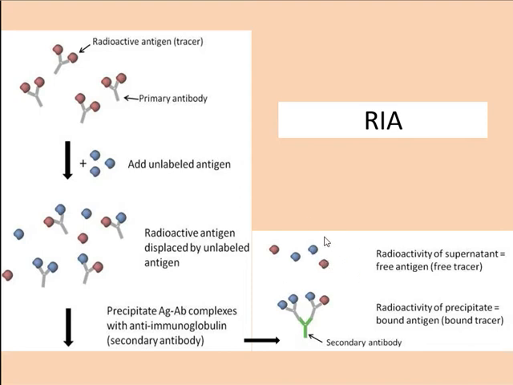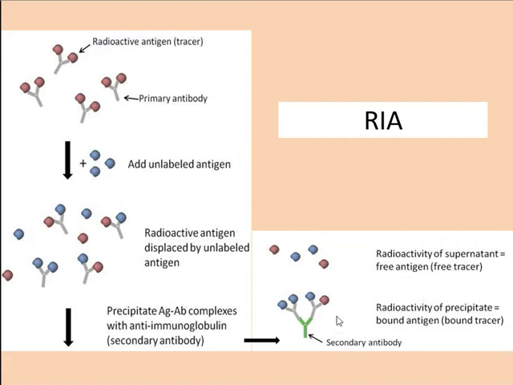The supernatant will contain displaced antigens which are radio labeled. It will also contain the serum antigens, but you cannot measure them because they are not radioactive. You are only concentrating on the labeled antigens. So if there is increased radioactivity in the supernatant, that means there is more displaced radio labeled antigen.